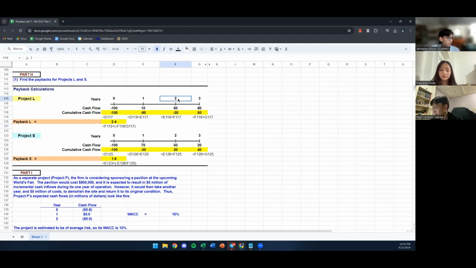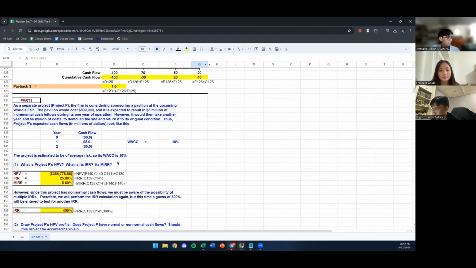And so we added the year and then used the quotient of the negative value of the cumulative cash flow for year 2 divided by the cumulative cash flow for year 3. That was the same method used for computing project S. And so we got a payback of 2.4 for project L, and a payback of 1.6 for project S.